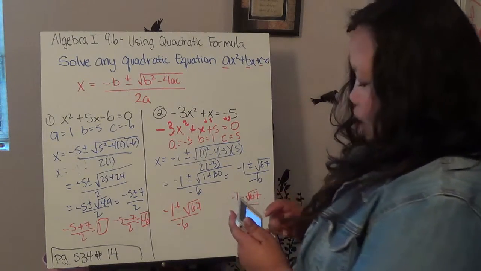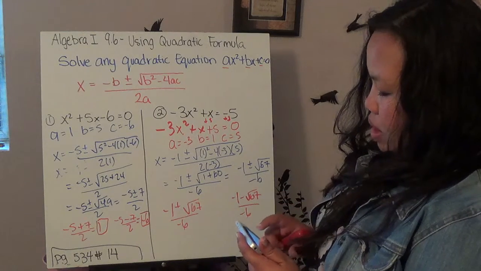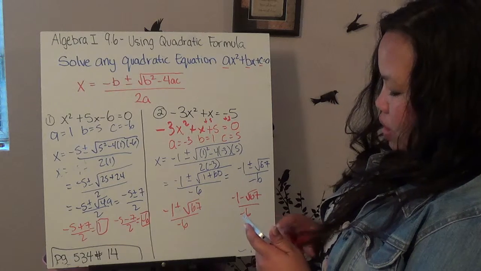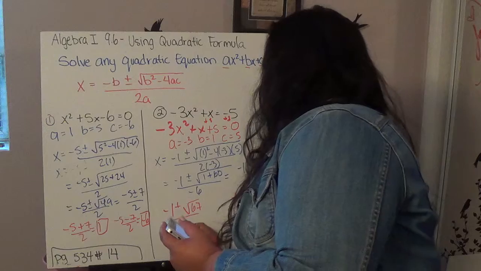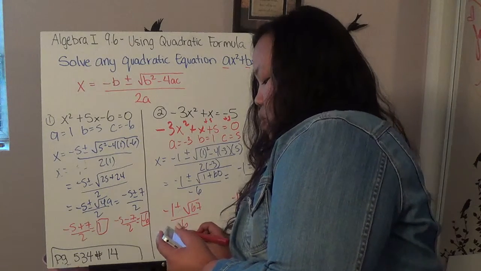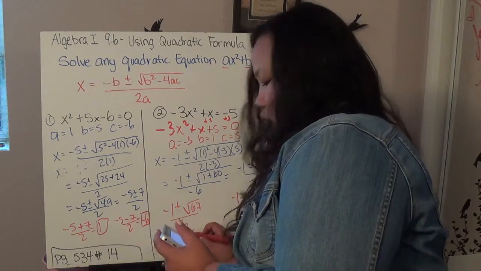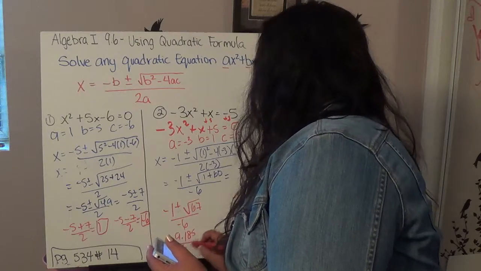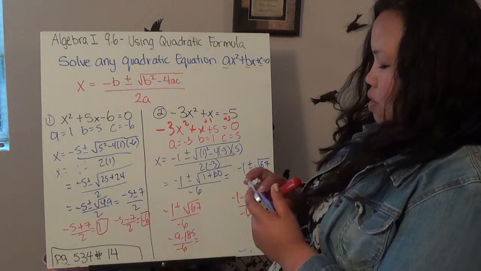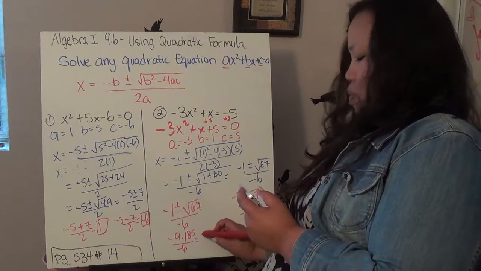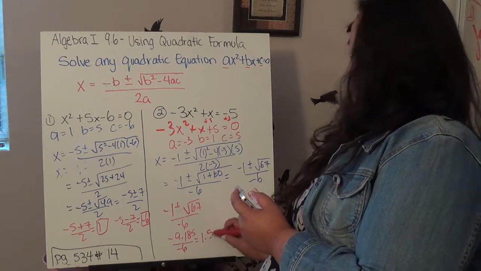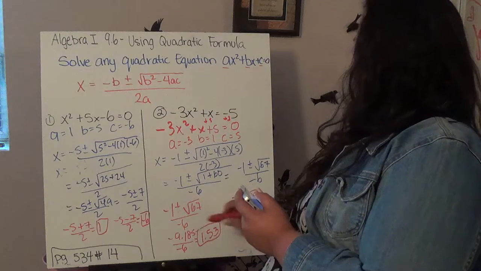So -1 minus the square root of 61 is -9.185 over -6. The negatives cancel out and I end up with 1.53 as my first answer.